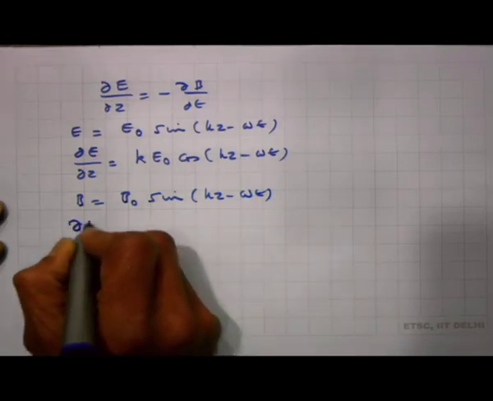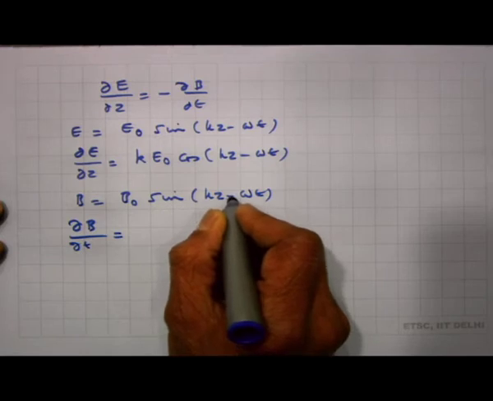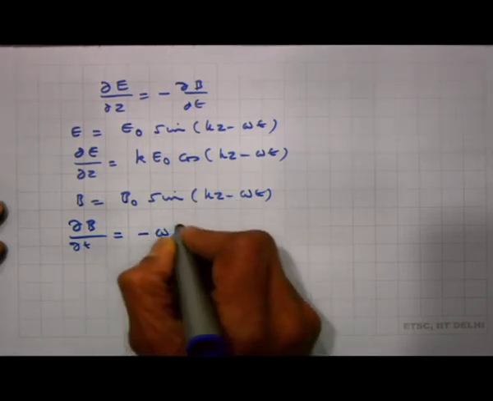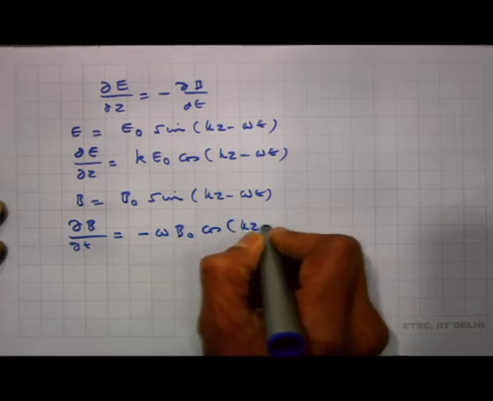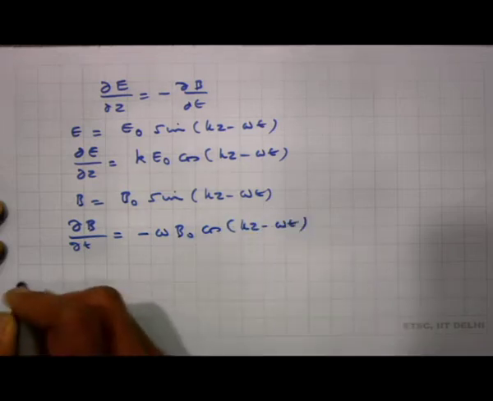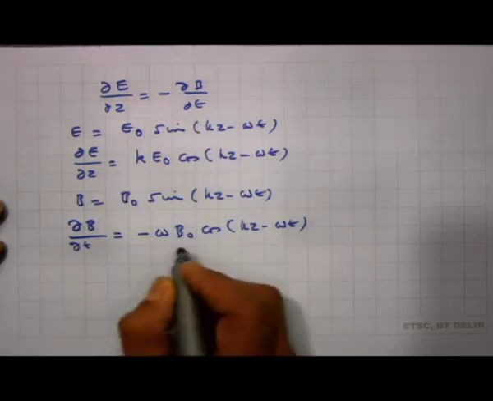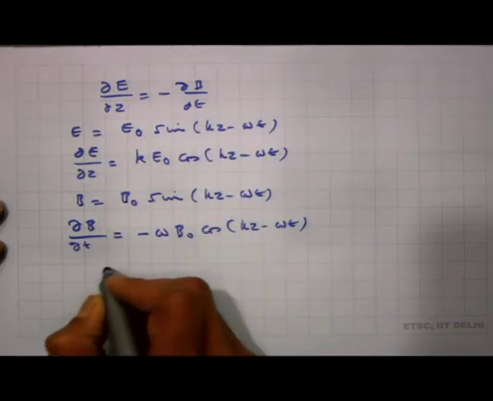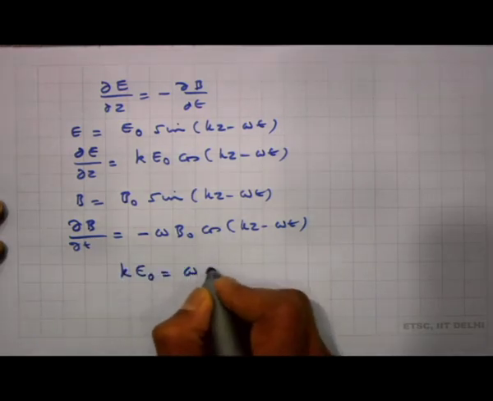So, del B by del t will be equal to, now there is a minus sign here, so I will get minus omega B naught cos(kz minus omega t). So, this is del E by del z, this is del B by del t. I substitute here, this cosine function cancels off, and I get k times E naught is equal to omega times B naught.